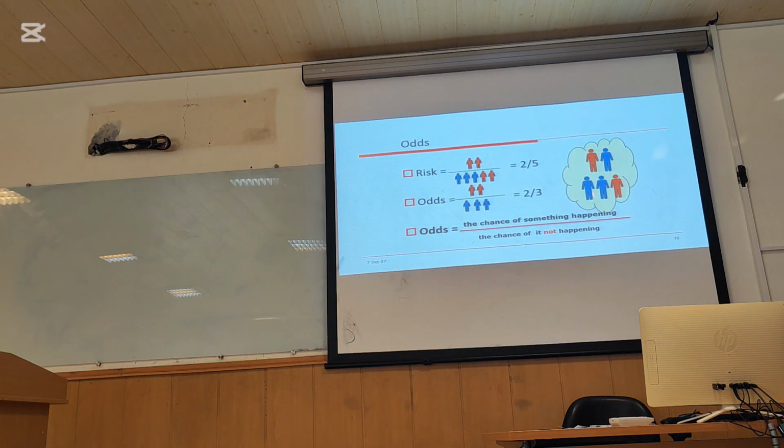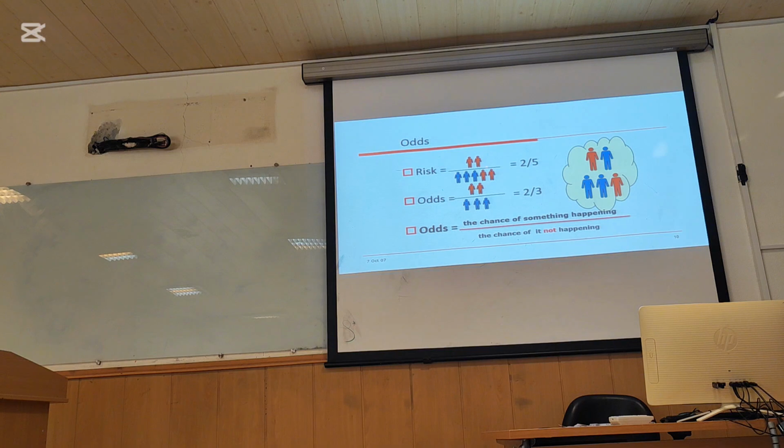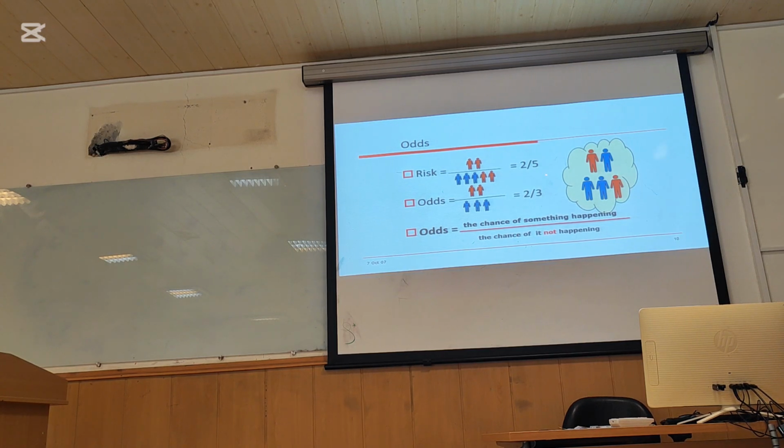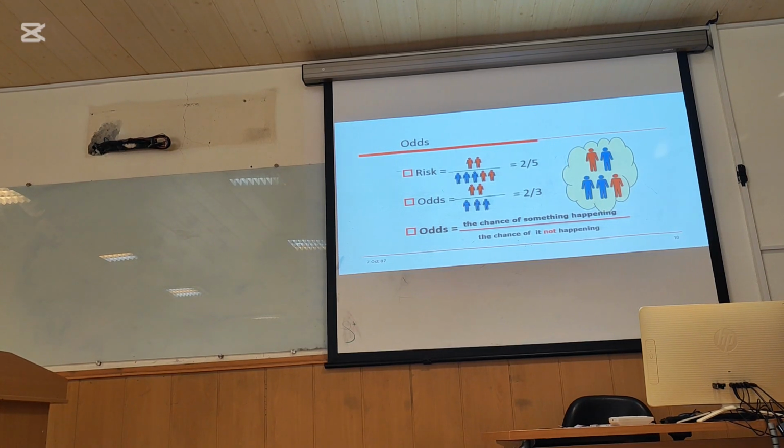It includes 5 people, and 2 have a specific disease, for example, cancer. What is the risk of cancer? 2 divided by the whole population. And what is the odds? The ones who have the disease and the ones who don't: 2 diseased and 3 healthy people. Odds means the chance of something happening divided by the chance of it not happening.